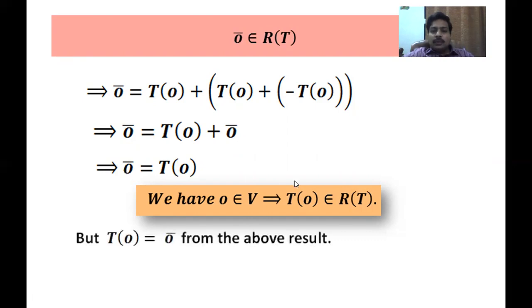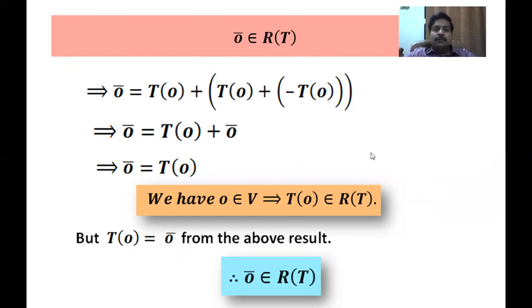So O bar belongs to range of T. That is what we have shown. So the zero vector will be in range of T.